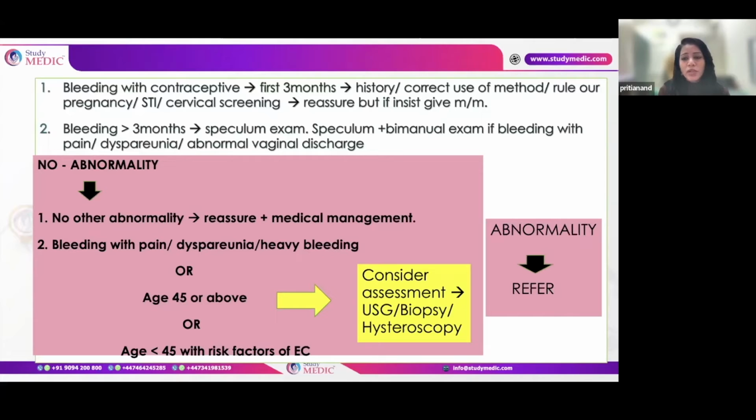If there is an abnormality, she requires a referral to the gynecologist. If there is no abnormality, then you can start with medical management. Make sure any patient who has, apart from the irregular bleeding pattern, pain, dyspareunia, heavy bleeding, is 45 years or more, or is less than 45 but has risk factors for endometrial cancer, you need to assess her before giving her anything.